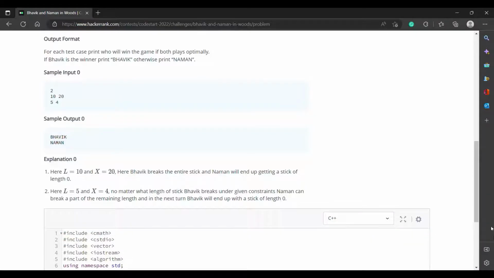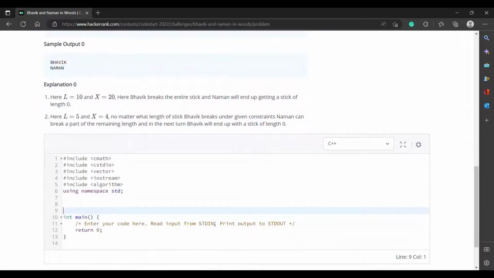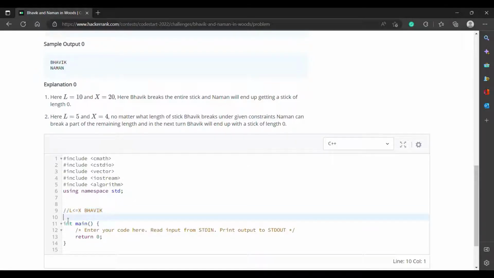From the sample input, we get a clear understanding that if the length of the stick is less than or equal to the limit, then obviously Bhavik will be the winner as he can break the entire stick in one go. But if the length of the stick is equal to x plus 1, then Bhavik can break any length between 1 to x.